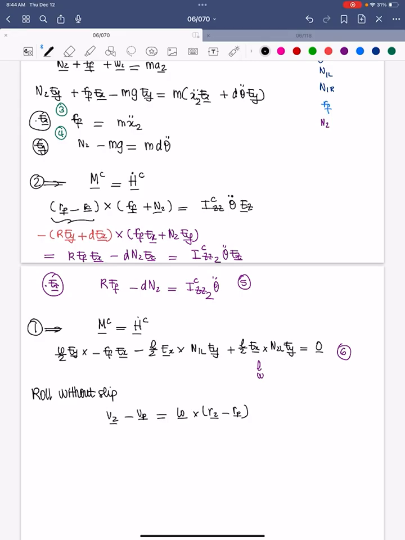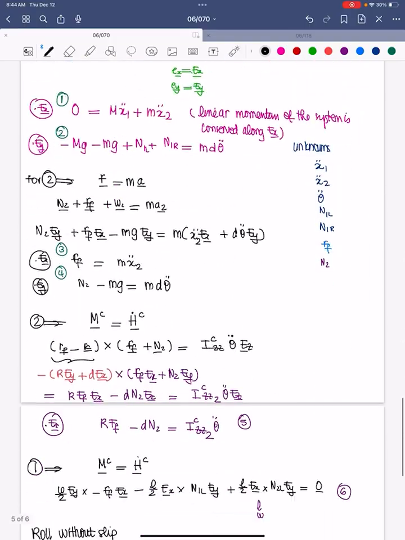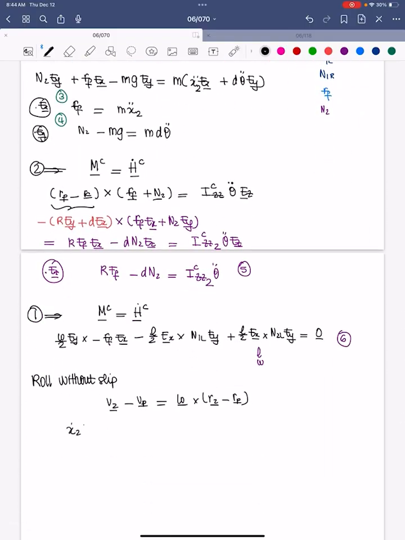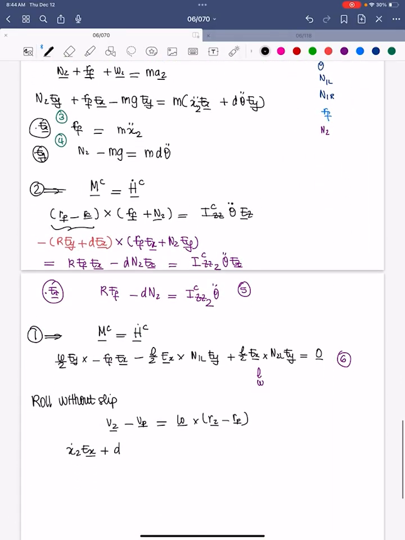So V2 is this and VP is this: x dot 2 EX plus T theta dot EY minus VP x dot 1 EX is equal to omega EZ crossed with R2 minus RP, which is R EY plus T EX.